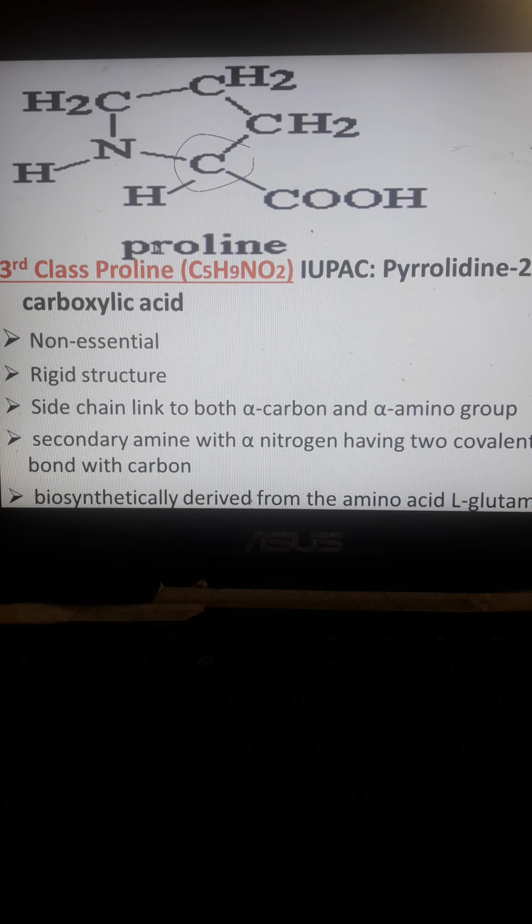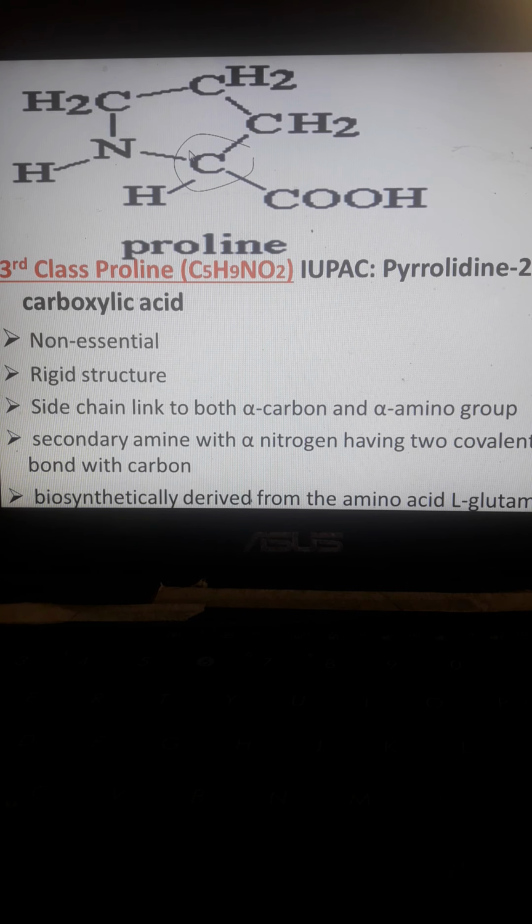Next, the third class, proline, IUPAC name pyrrolidine carboxylic acid. So we have a non-essential, rigid structure, because its structure is bonded to each other in a cyclic form.